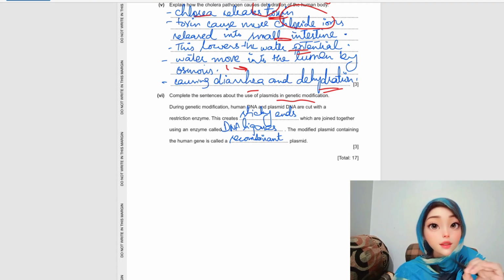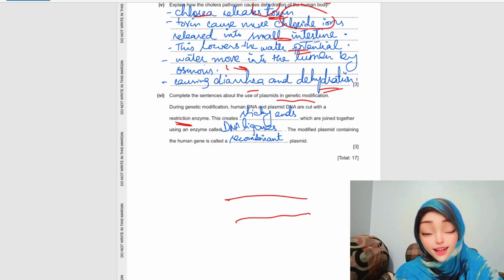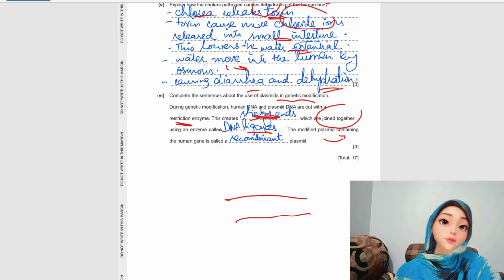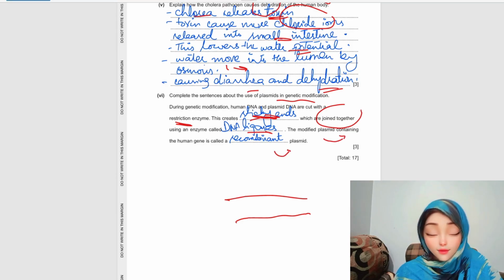When the DNA is cut, the cut ends are known as sticky ends, and they are joined together by another enzyme, and that enzyme is DNA ligase. So the modified plasmid is also called the recombinant plasmid. Okay, it's also super easy.